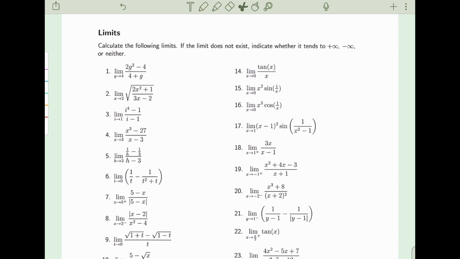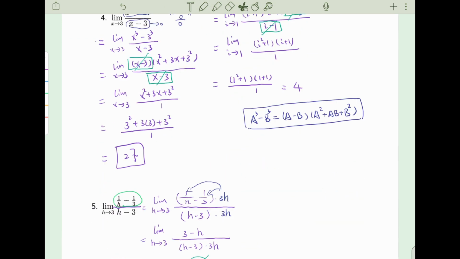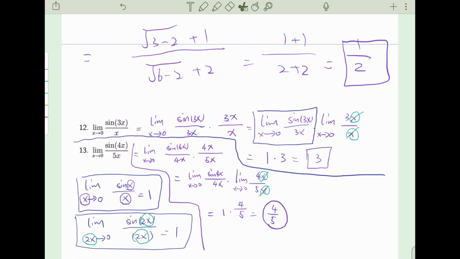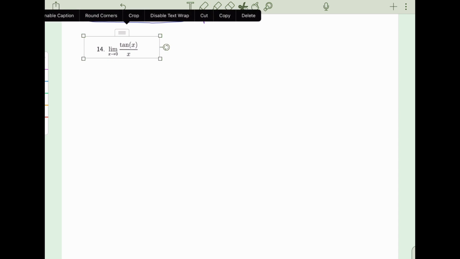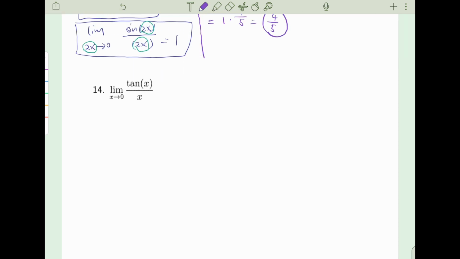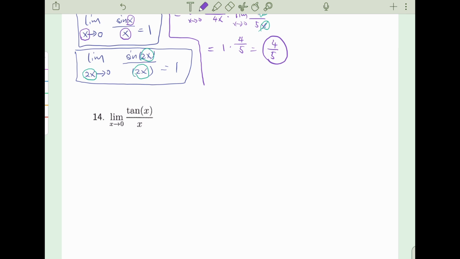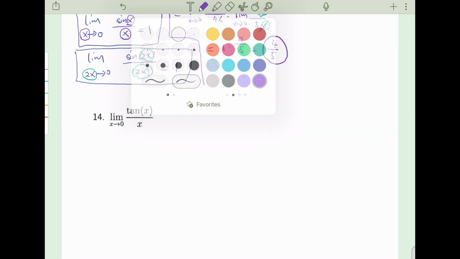14. We have tangent of x, right? That is relatively more difficult. Now the same idea, we want to make use of the limit, and then construct the form sine of something divided by something as that thing goes to 0. So how do we do that?